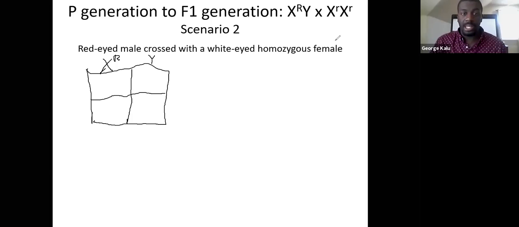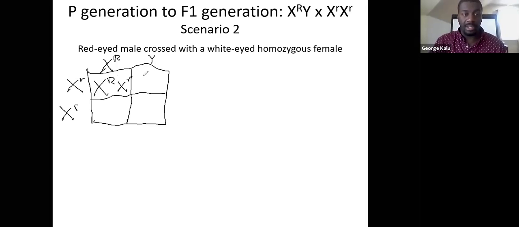And then the white-eyed homozygous female, so we're going to put her along the side. So she's going to be X little r, X little r. Okay. So now if we go through our Punnett square, this box we'd end up with X big R, X little r.